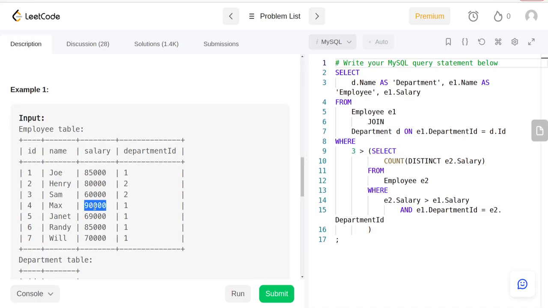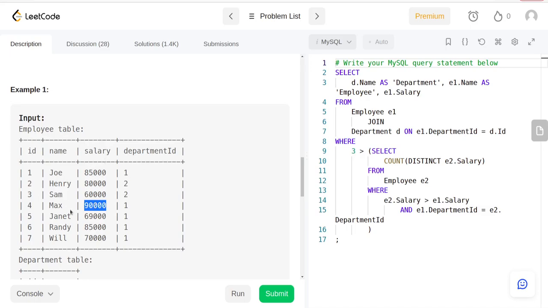You will say that one person, which is max, this one. But this is not greater than this one, so still it's not going to be. So if I go through this query, how many people in the same department have more salary than 85,000, the answer is going to be 1.